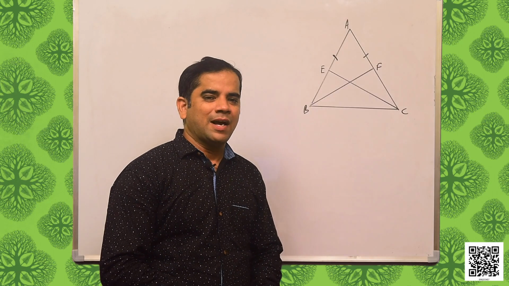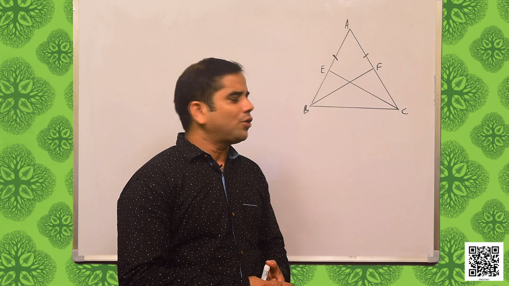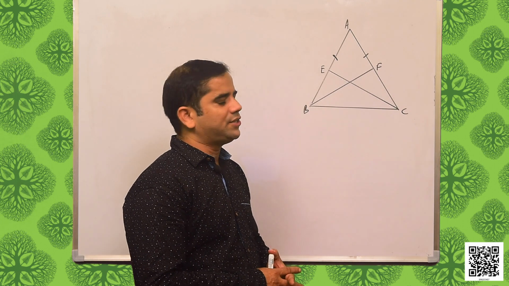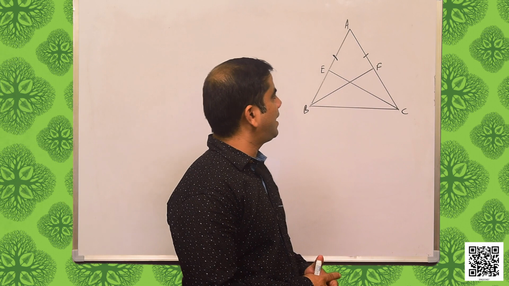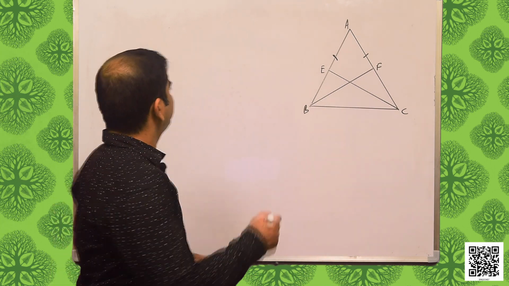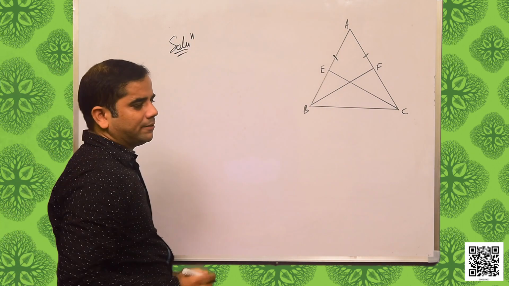Students, I have constructed the figure as it is given in your book. So, as per the given data, ABC is a triangle in which AB is equal to AC, and E and F are the midpoints of sides AB and AC respectively. So, let us go for the solution. Fine.